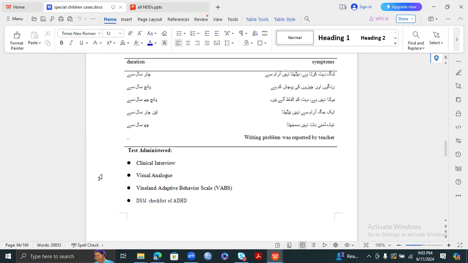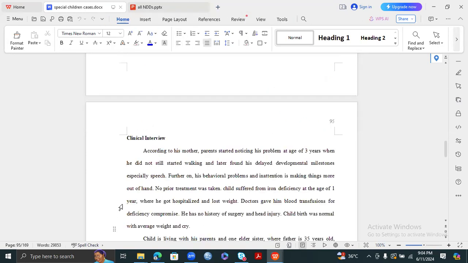Those were the tests administered in the school setting to assess the child, including the clinical interview, obviously, to take the history. Then comes the visual analog, and the other one is the Vineland Adaptive Behavior Scale. Then comes the DSM checklist for ADHD.